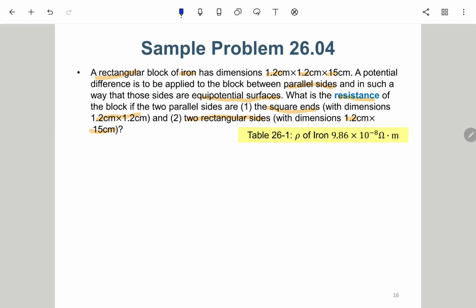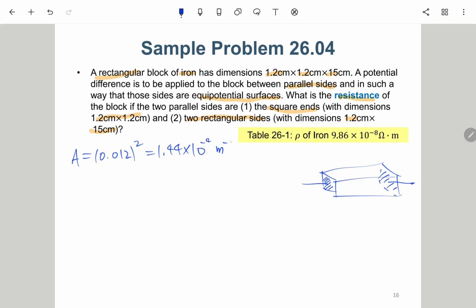For the first case, we use the block like this, so this is the 1.2 times 1.2. The cross-section area will be 0.012 meter squared, which is 1.44 times 10 to the negative 4 meter squared.